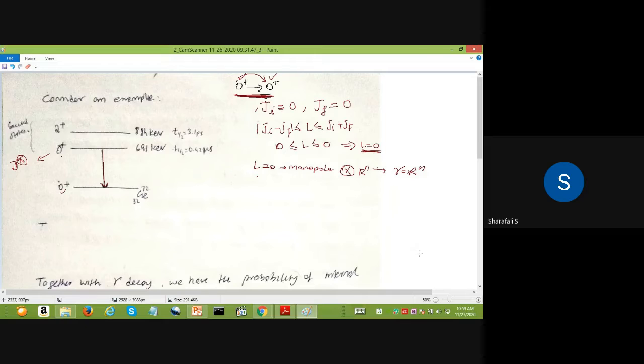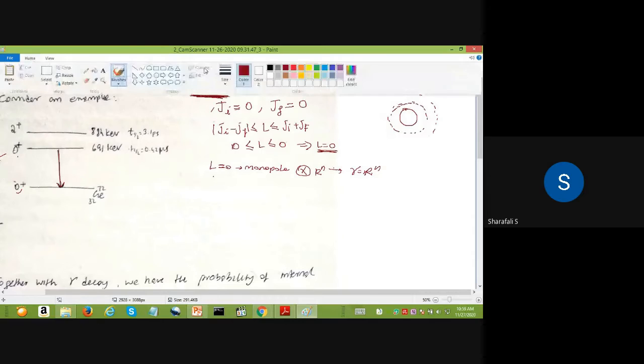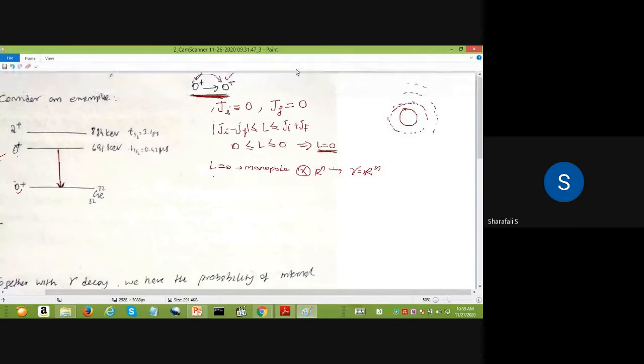So then what happens is an interesting thing. If you have a nucleus in such a transition, consider the Bohr model of the atom, where electrons are revolving around the nucleus like this. If this kind of transition gives you an L value equal to 0, then it will not produce any radiation.